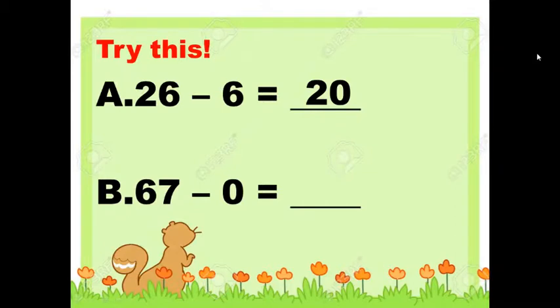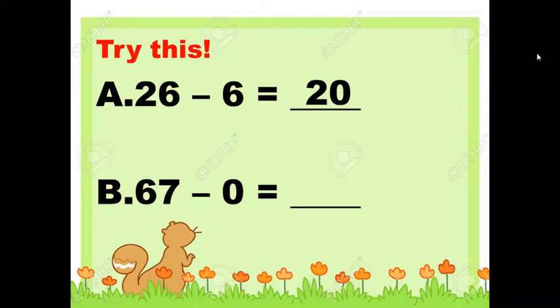So it means that when you are subtracting the same number in any place value, that would become 0. So 6 minus 6 is 0. And bring down your 2, which gives the final answer, 20.